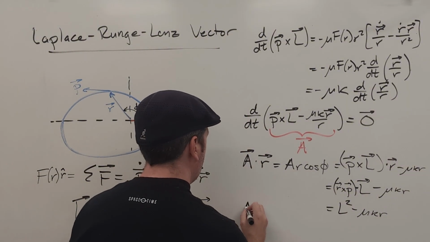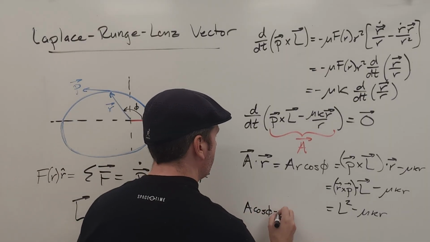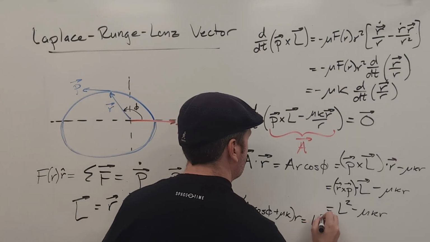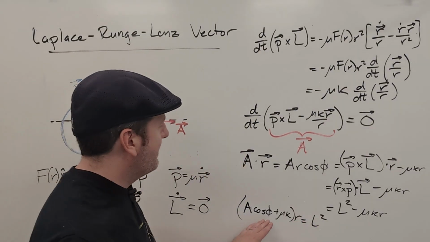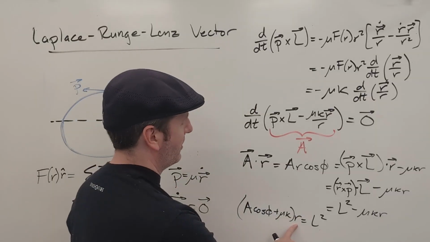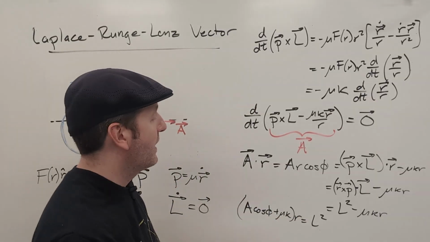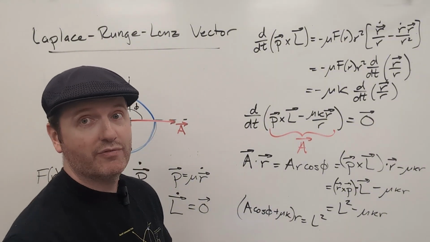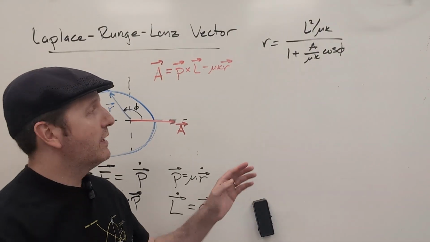Okay, so we'll have A cosine phi plus mu kappa, all times r, equals L squared. And now let me take this equation, bring it up to the top, solving for r, since we're at the bottom here. And I'm also going to divide everything by mu kappa to write it in a very suggestive form. Okay, so here we are.